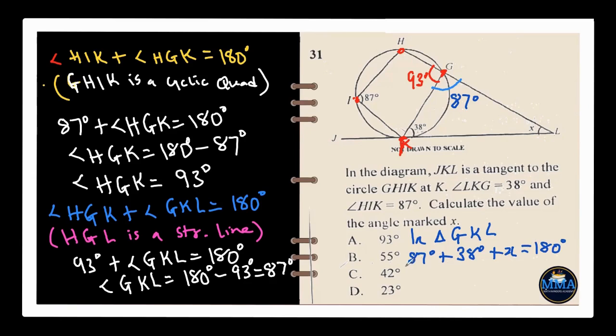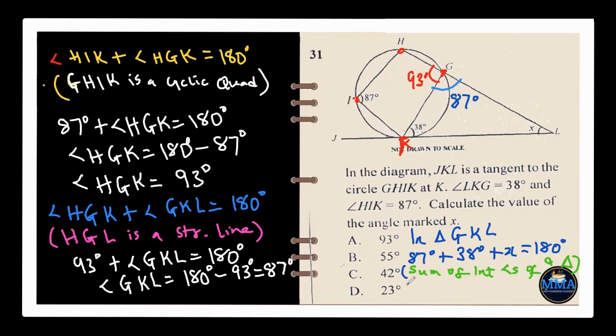We say the sum of interior angles of a triangle add up to 180 degrees. So from here, if we add 87 and 38 together, it gives us 125 degrees.